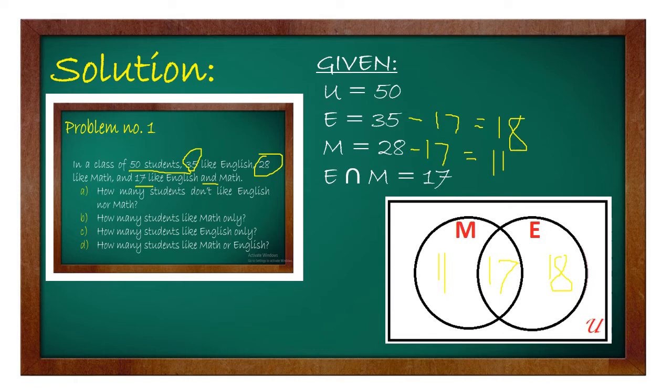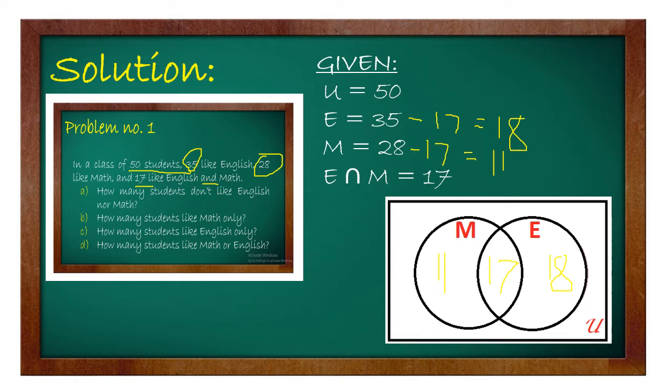Pagkatapos nun, i-check natin kung yung lahat ba na nasa loob ng circles ay mag-i-equal sa 50 since yun ang universal set natin. So, 11 plus 17 is 28. 28 plus 18 is equal to 46.